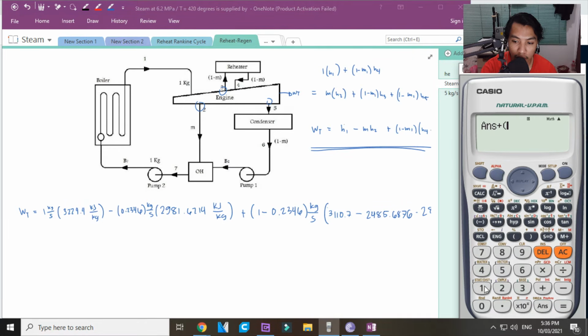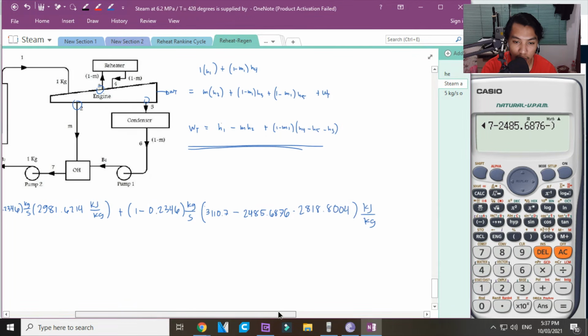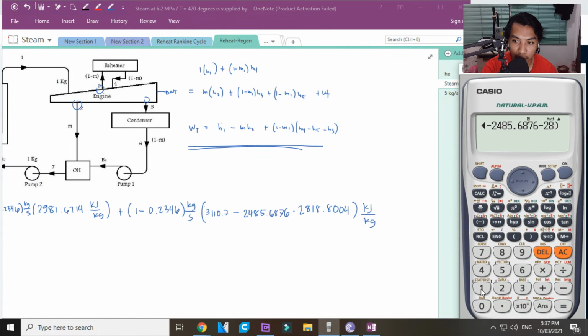Plus 1 minus 0.2346 multiplied to 3110.7 minus 2485.6876 minus 2818.8004.